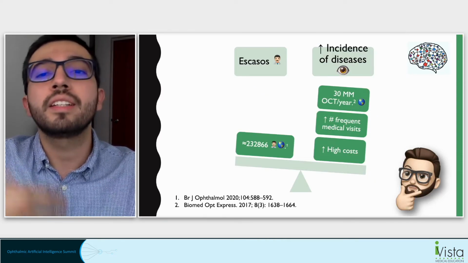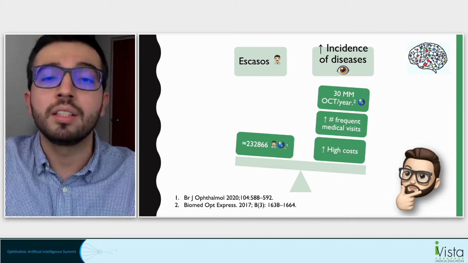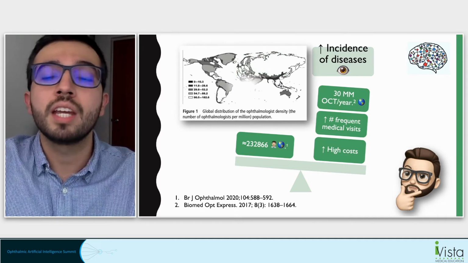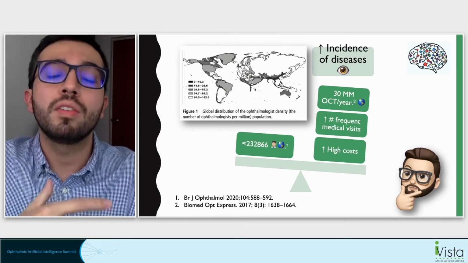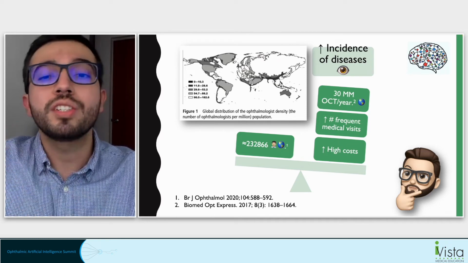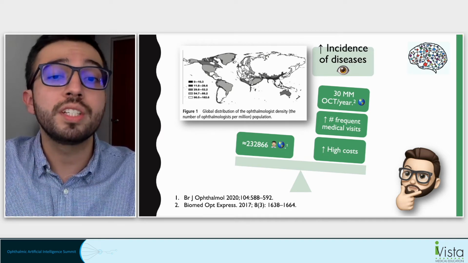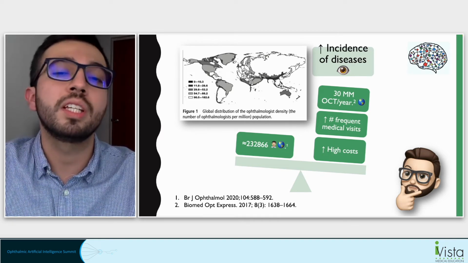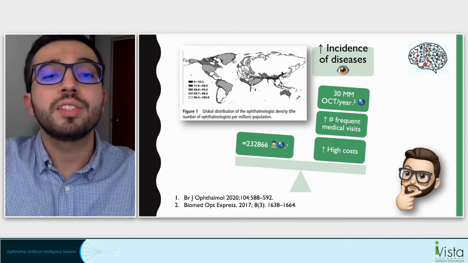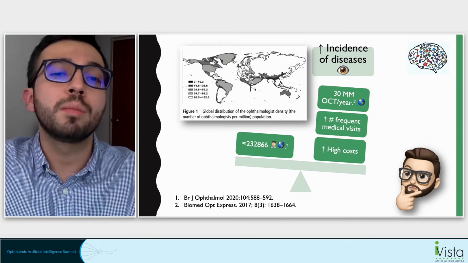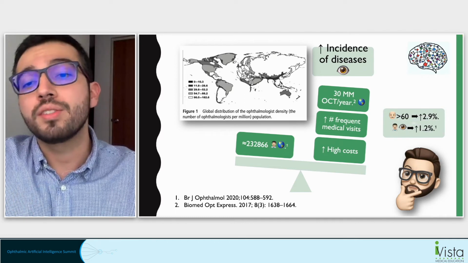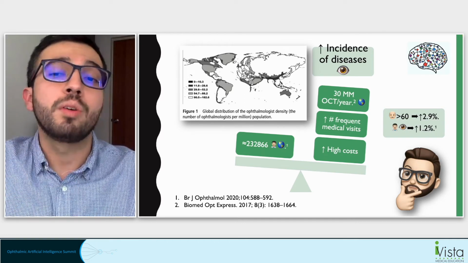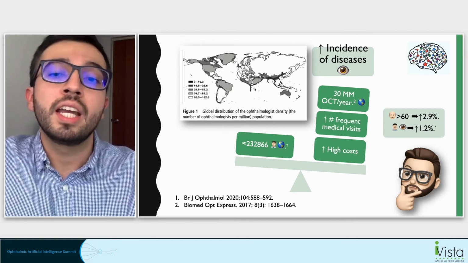So we know that there is an increase in the incidence of these diseases. It also increases the number of tests. And there is not such a large number of ophthalmologists or expert evaluators in order to analyze them. There is also a shortage of ophthalmologists in our developing countries. As we can see, the age in the population grows faster than the profession.